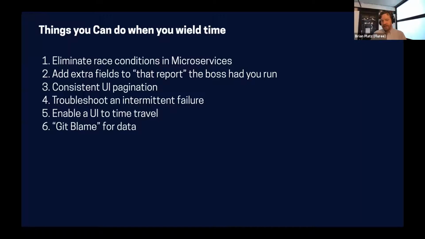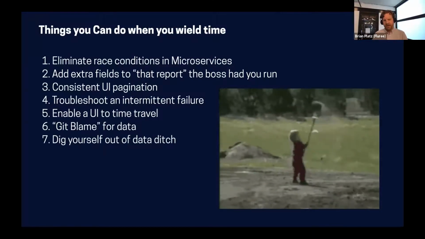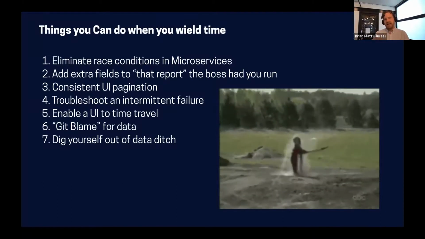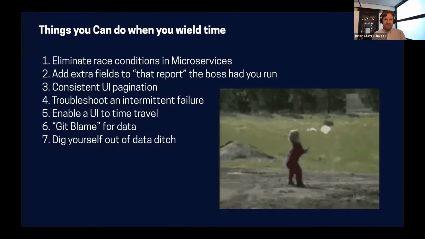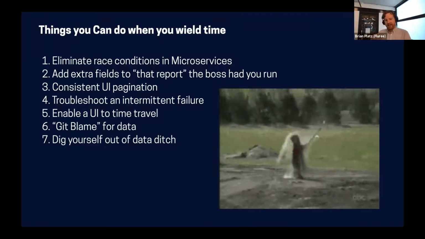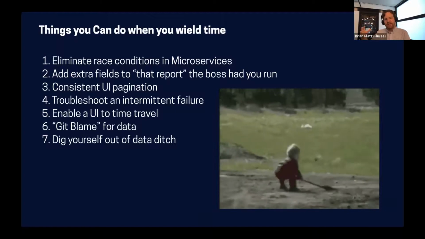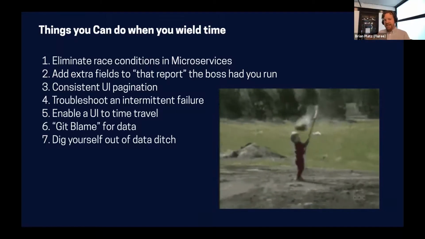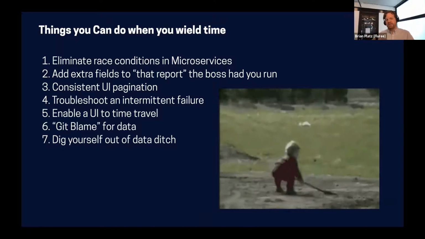If anyone's used Git in source control, think Git blame for data, the ability to see how and when data got changed to understand the root cause. If you've ever had the situation where data has gotten committed and you didn't want it to get committed, but you've detected it a day or a week later, and then other data has sat on top of that new data, and you have this need to untangle all the data and get it back to a good state.